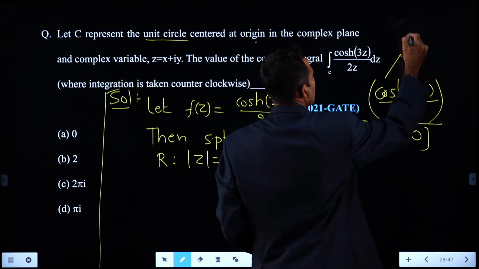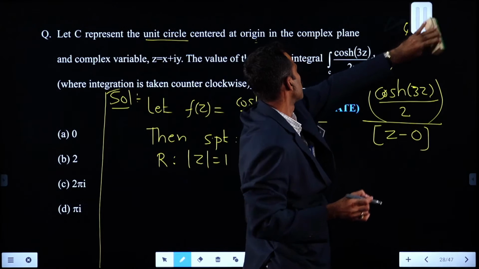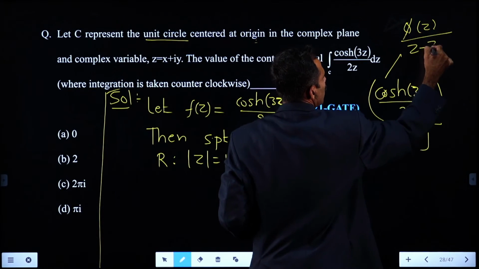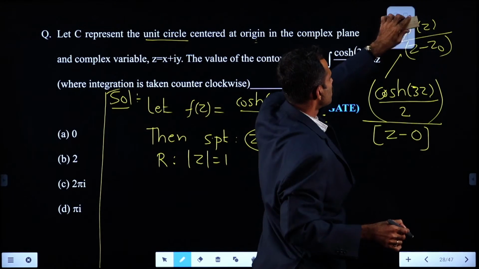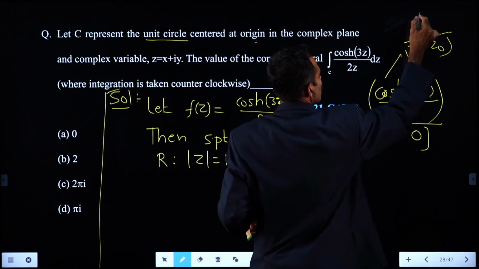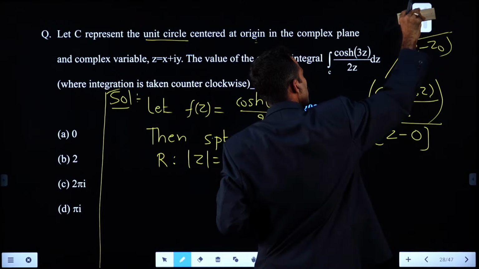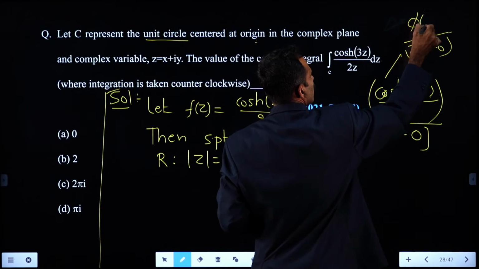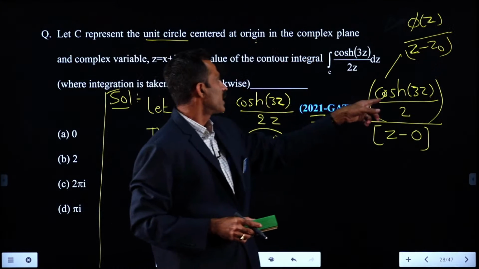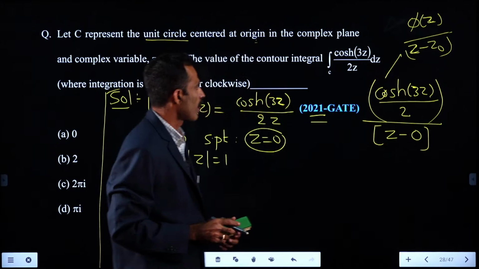It is just like phi of z by z minus z naught form only. Now here phi of z is cos h 3z by 2 and z naught is 0 only.